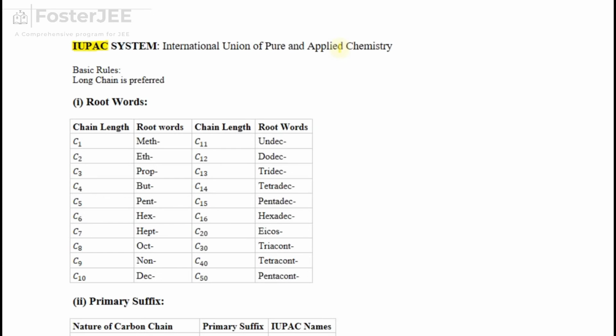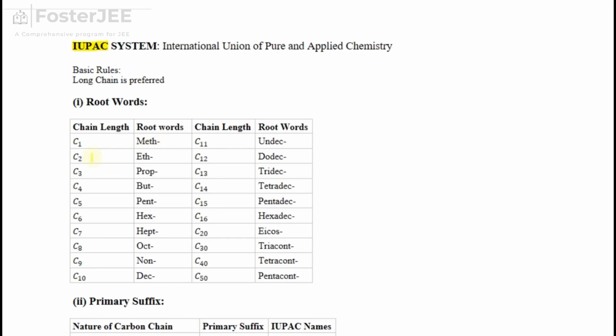So, the root words are the basic unit of the compound, which indicates the linear or continuous chain of the carbon atoms. This table shows the root words of the carbon compounds. If there is 1 carbon atom, then the root word is meth.